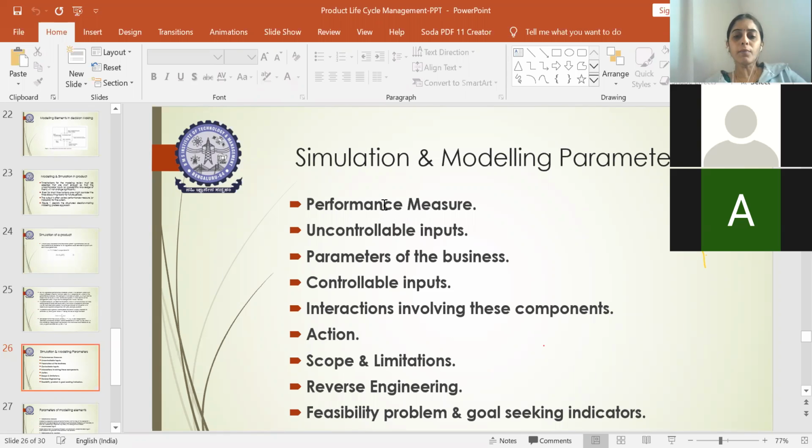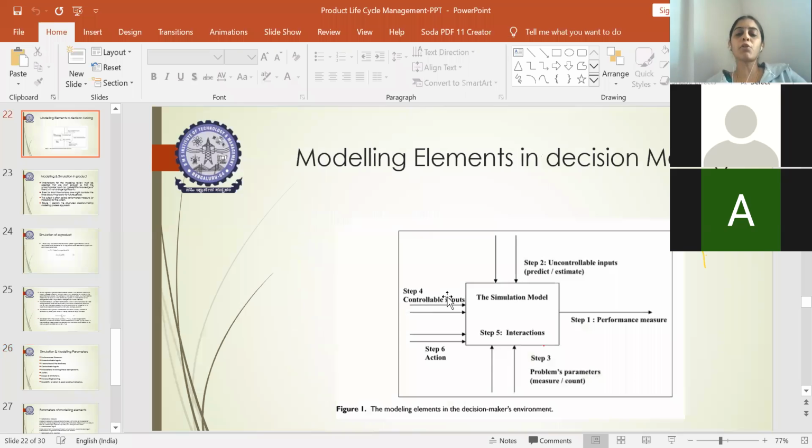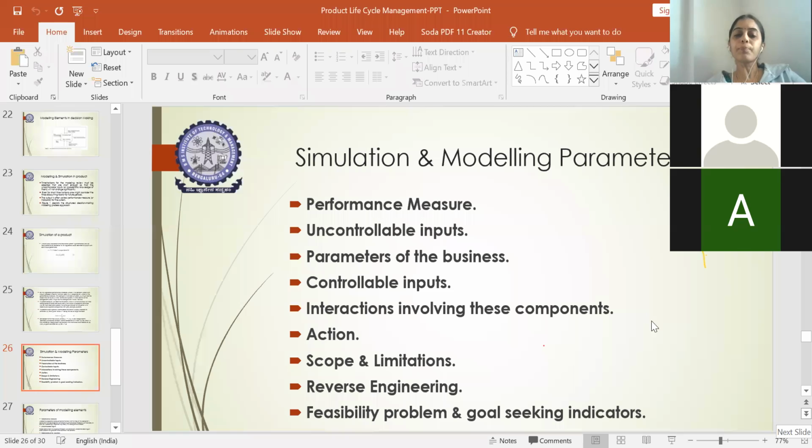You have different components, and the interaction taking place among all these components is handled in the simulation model. I have shown you the interaction session also, in which all the parameters interact. Finally, action is taken based on the interaction, which has also been explained.